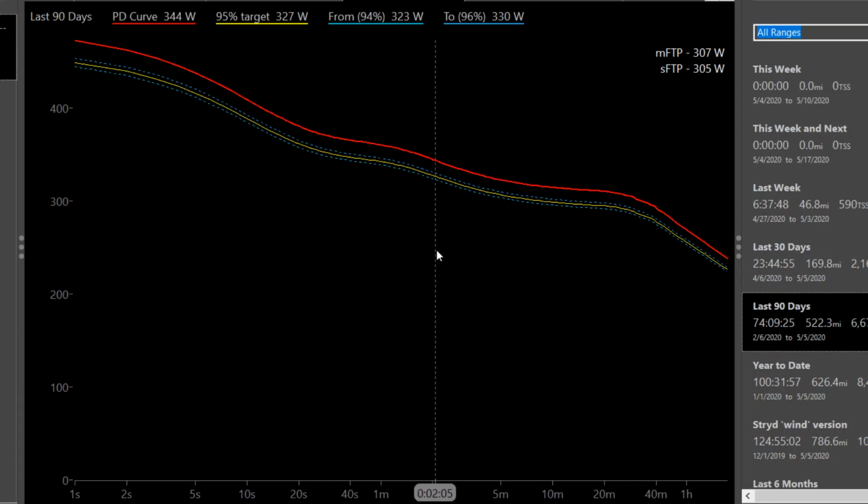Go to your Stryd power duration curve, assuming that the curve is fairly valid, meaning you've done representative maximal efforts over the prior 90 days to make the curve valid. If you go to that curve, now you can customize by going to the number of minutes that you're supposed to be doing your work intervals at, and taking 95% plus or minus 1% of whatever your curve value is.